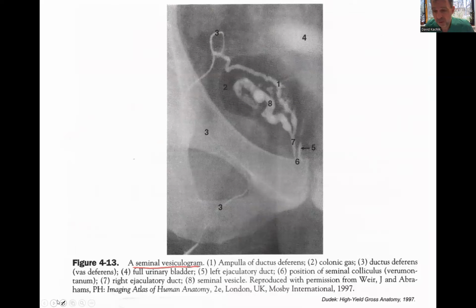What also can be performed is a seminal vesiculogram. So via penis and urethra, contrast dye is instillated, and it goes through deferent duct to its ampulla and ejaculatory duct, which is then connected here to seminal gland.